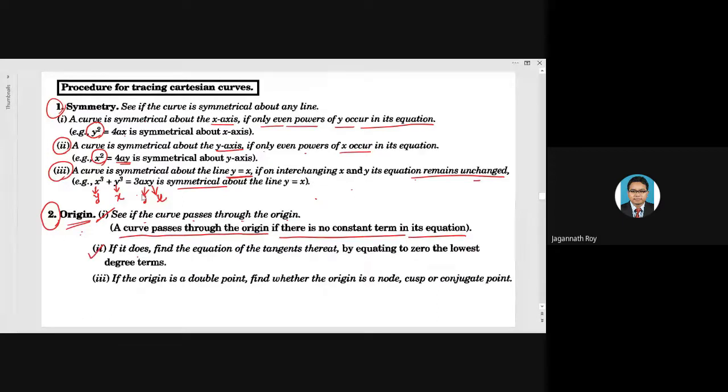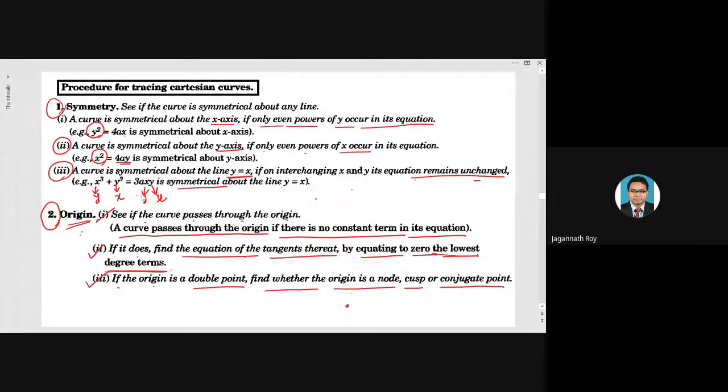If it does, find the equation of the tangents there by equating to 0 the lowest degree terms. So if we have the lowest degree terms, we make them 0 and then find the tangent. If the origin is a double point, find whether the origin is a node, a cusp, or a conjugate point. So that is very important.